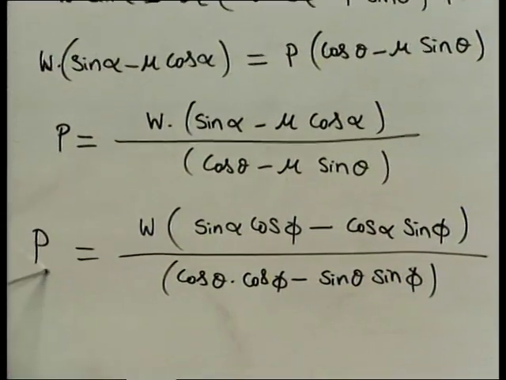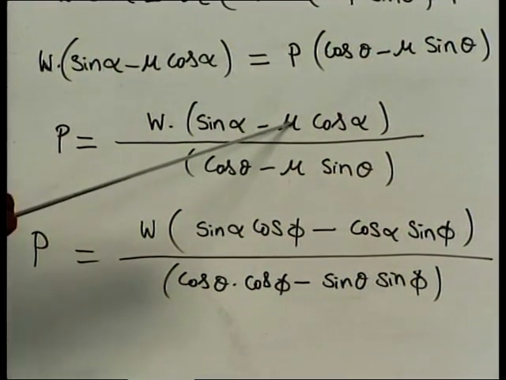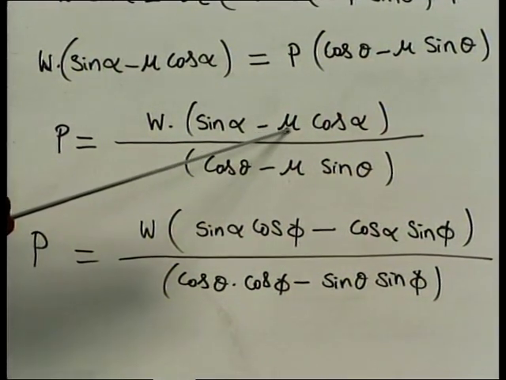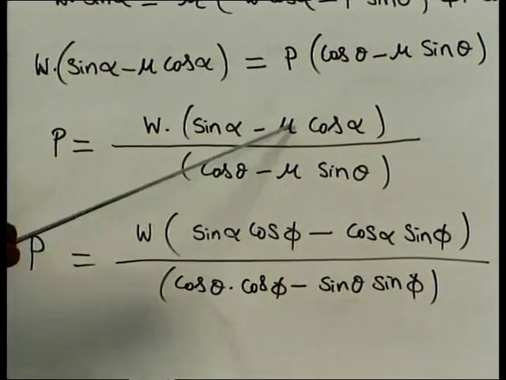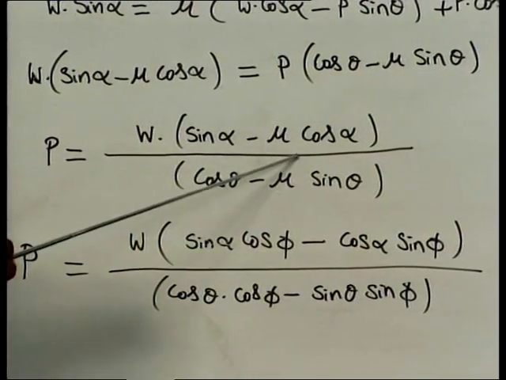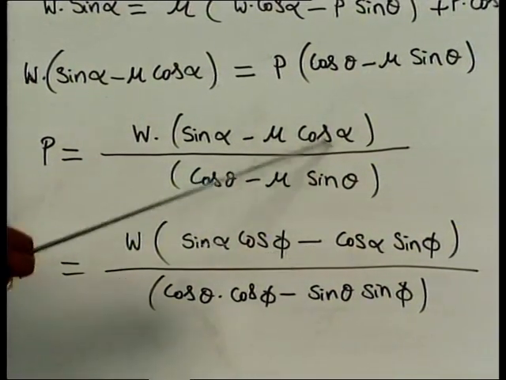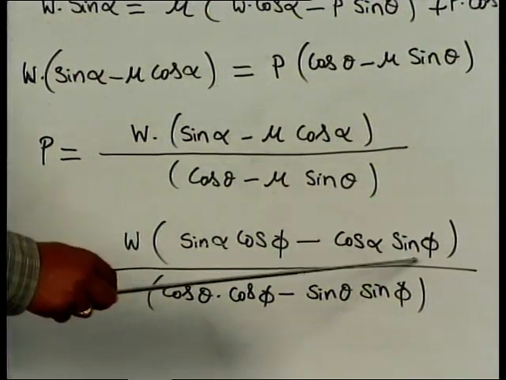So, now instead of mu I can write tan phi. Tan phi is nothing but sin phi by cos phi. Taking LCM, I can write like this: sin alpha into cos phi, that LCM term, minus cos alpha into this numerator term sin phi.